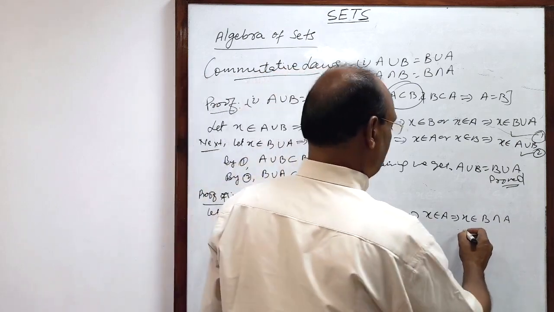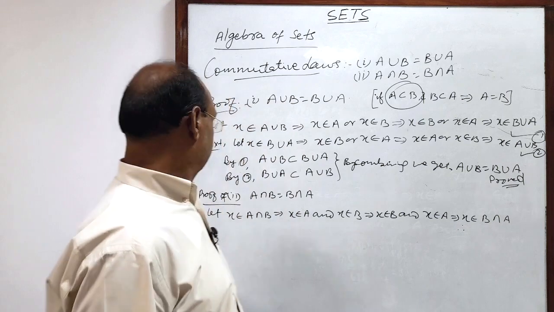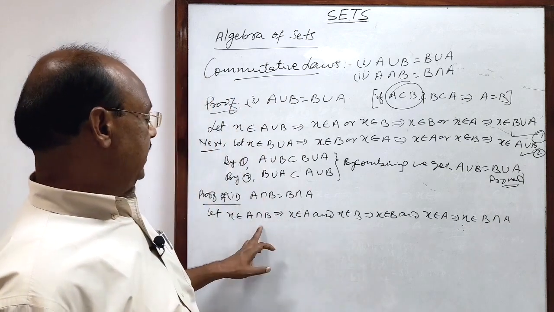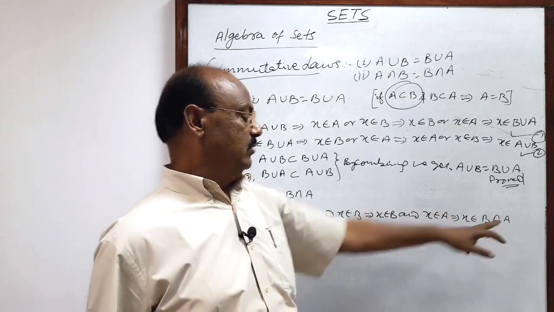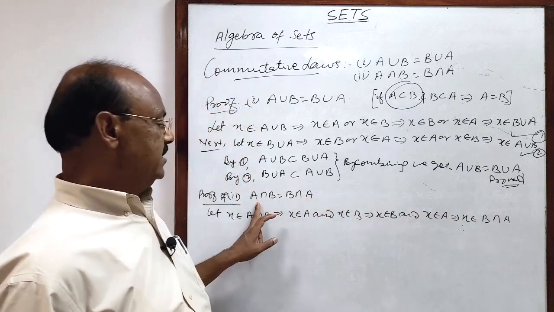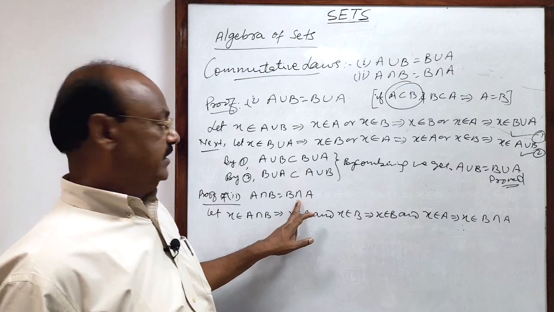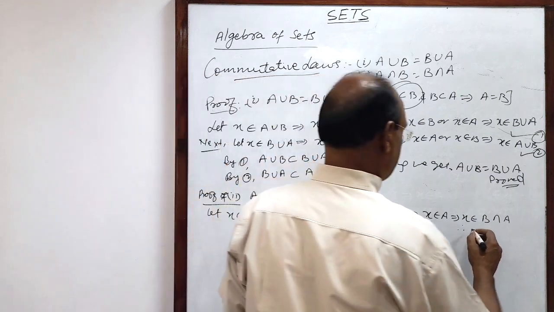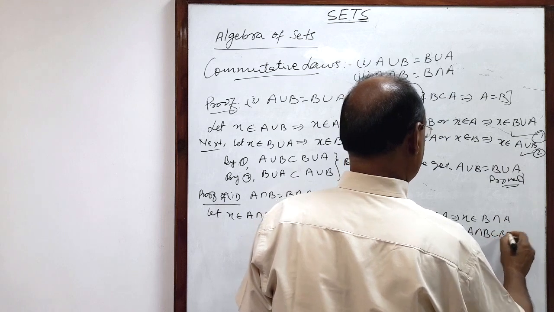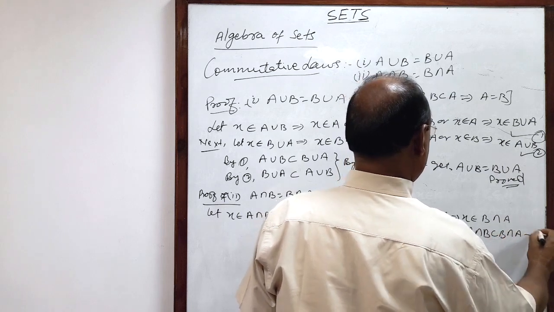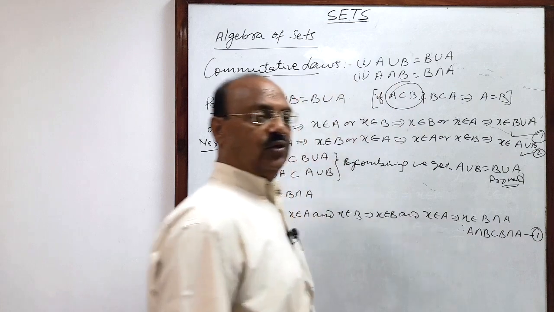So what will be the conclusion? We started from the left hand side, X belongs to this set, and we come to X belonging to the right hand side. So the left hand side set is a subset of the right hand side. Therefore A intersection B is a subset of B intersection A. Suppose this is relation number 1.